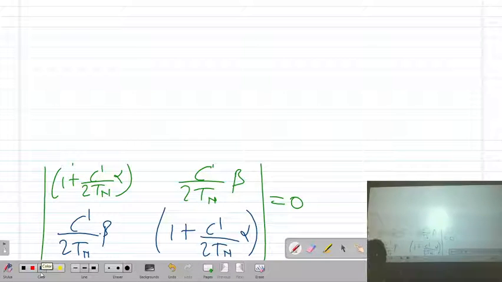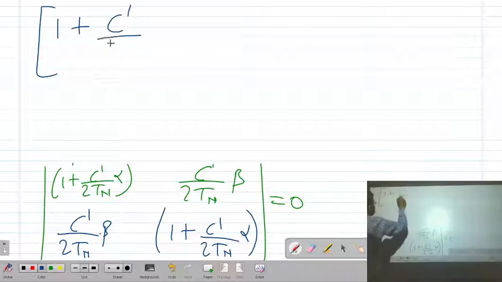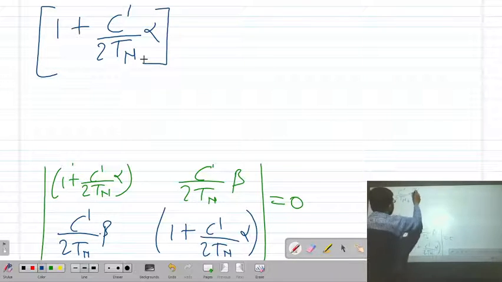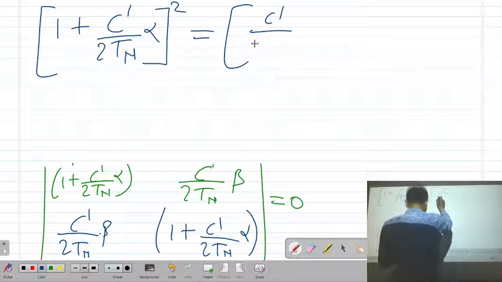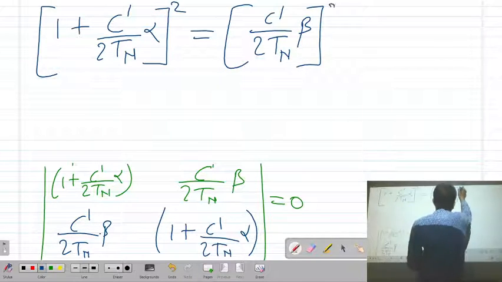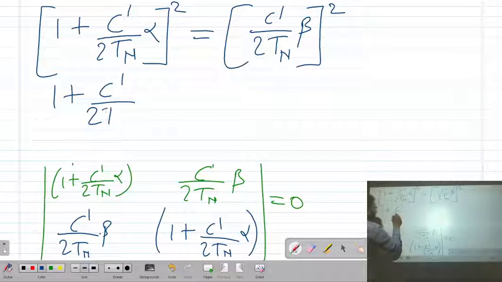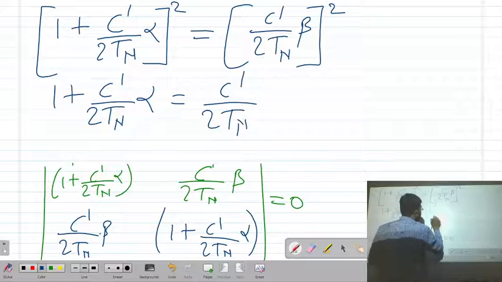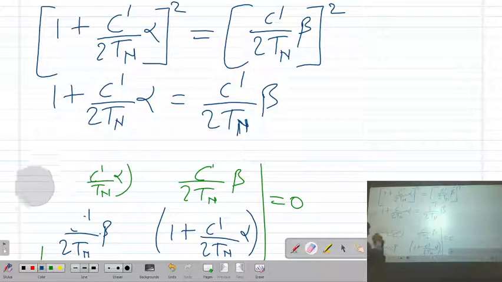We will get 1 plus C dash by 2 T of N alpha, whole square, equals C dash by 2 T of N beta, whole square. Now the square will cancel out, so we will have 1 plus C dash by 2 T of N alpha equals C dash by 2 T of N beta.